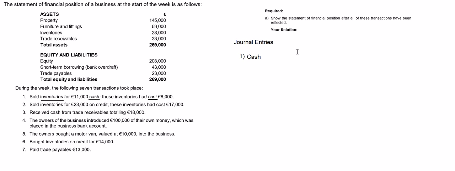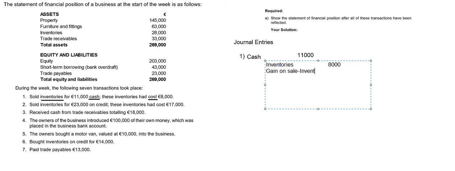Next, we have 11,000. Because we sold inventories, the inventory will be on credit, and that should be about 8,000, because the money we received is 11,000, but the cost of this inventory is 8,000, so we gain on sale.